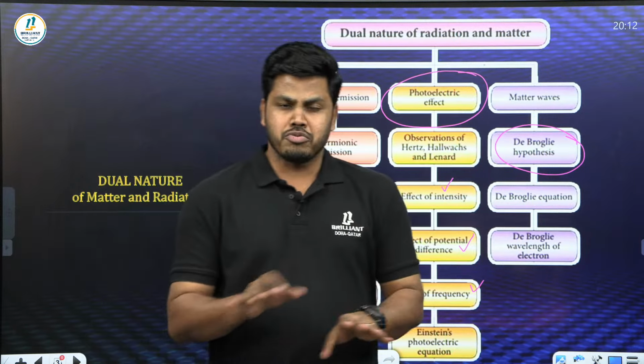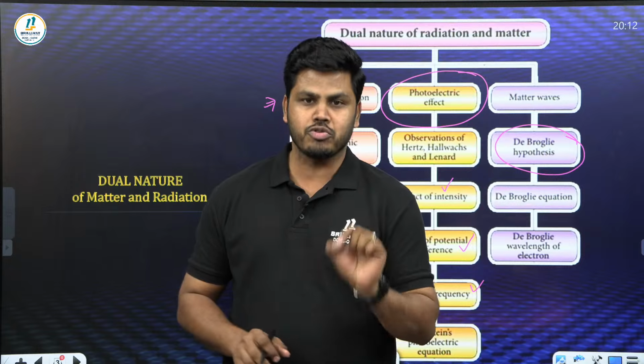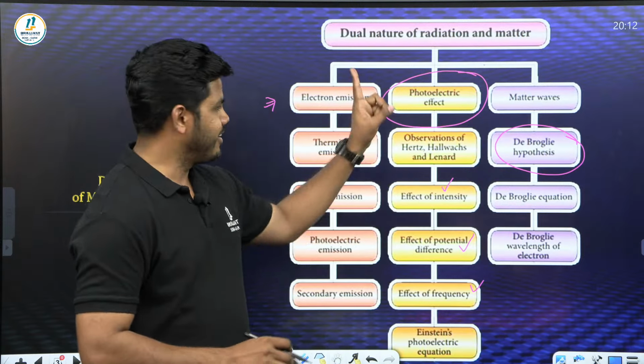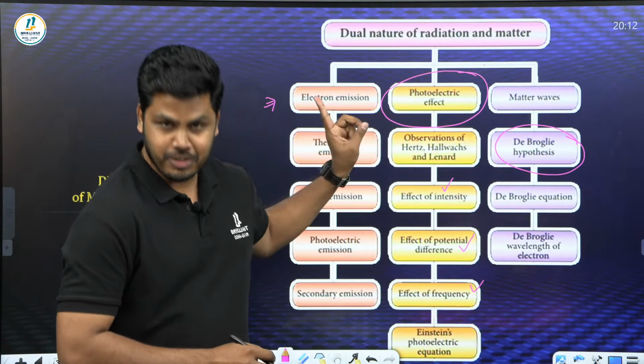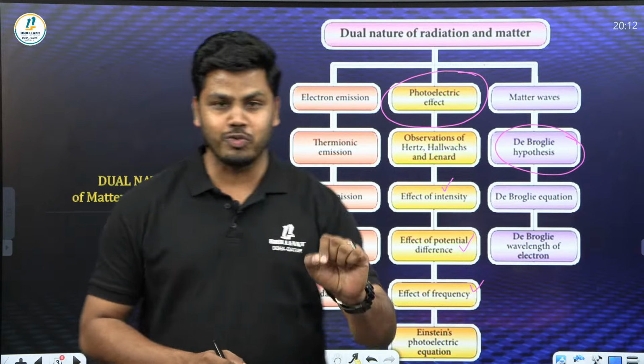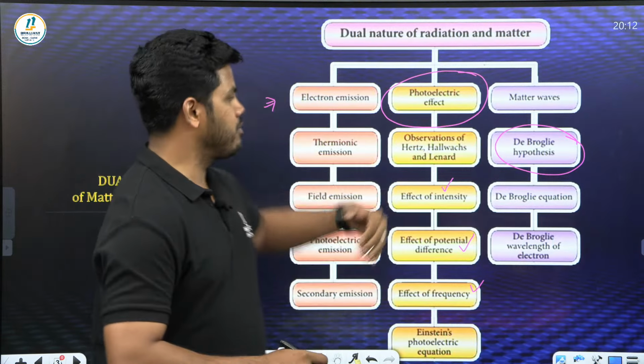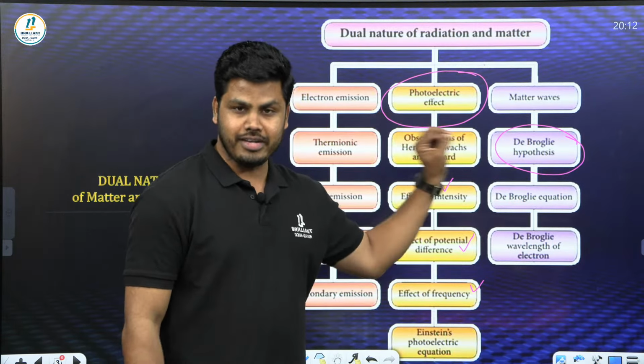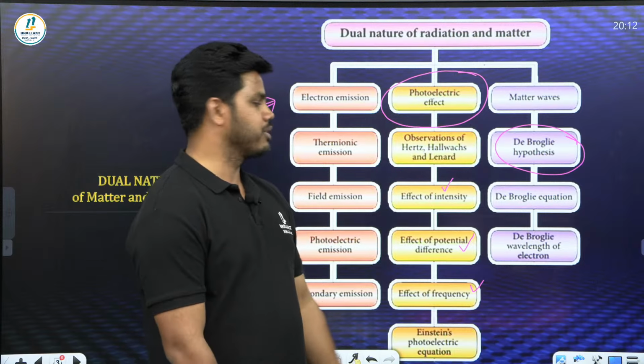That concept should be perfectly fine if you want to solve questions from the photoelectric effect. Not only conceptual questions, even if you want to touch the numerical questions, you should have a proper understanding of what the photoelectric effect is, and I hope you remember the equations.